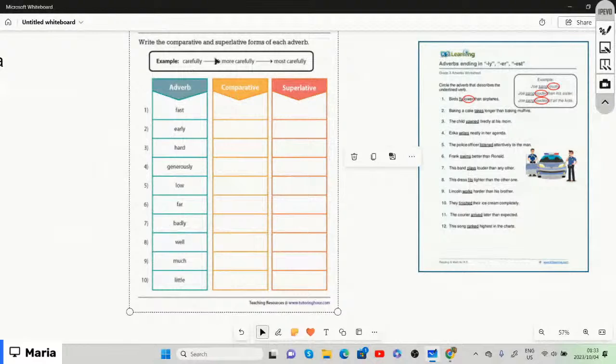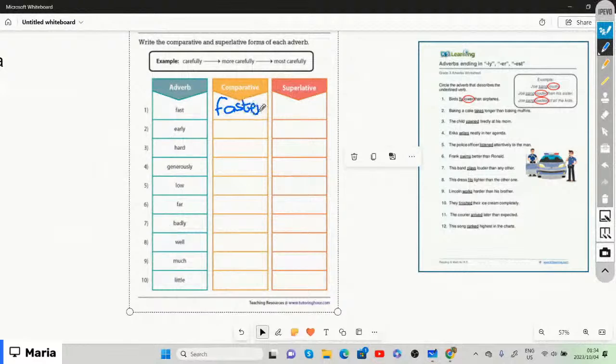If we compare fast, we will say fast, faster, and fastest. So that is the degrees of comparison. It's where you are comparing. And a comparative adverb is where we are comparing two actions.